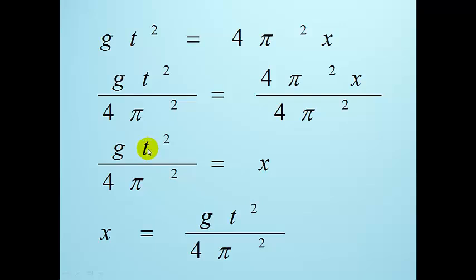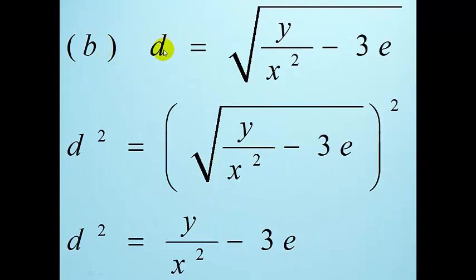On the left hand side, we have gt square divided by 4 pi square. So if gt square divided by 4 pi square is equal to x, it means that we've made x the subject because the x now stands alone. And this can be written as x is equal to gt square divided by 4 pi square.